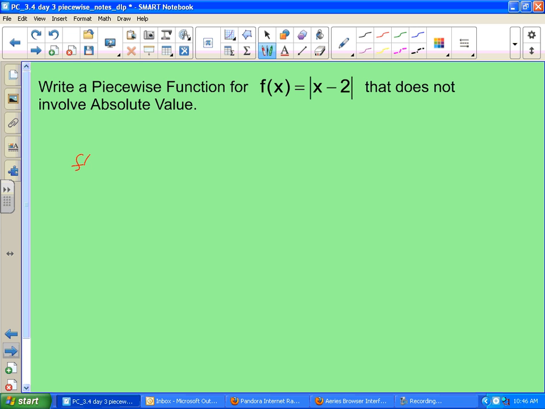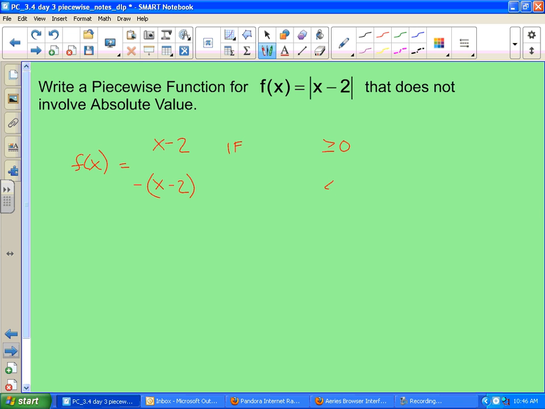So here's what we do. First, we're going to write them and then we'll graph them. Remember, take what's inside of the bars, make one of them positive and one of them negative. For the one that is positive, this will be where we have to be greater than or equal to 0.